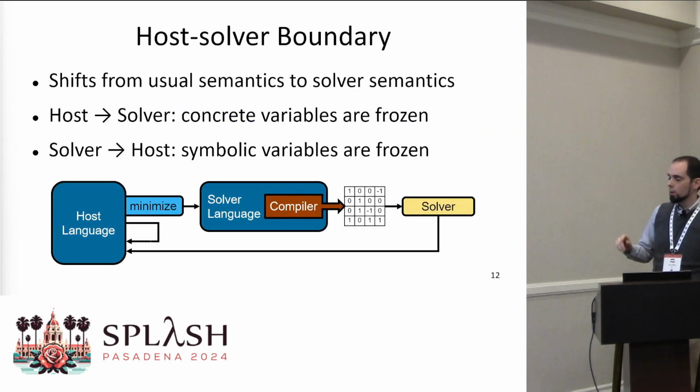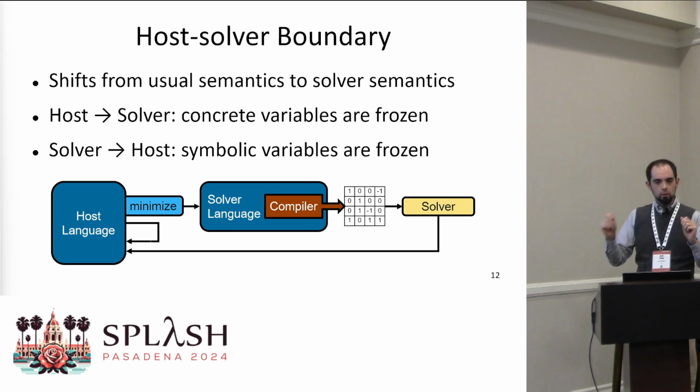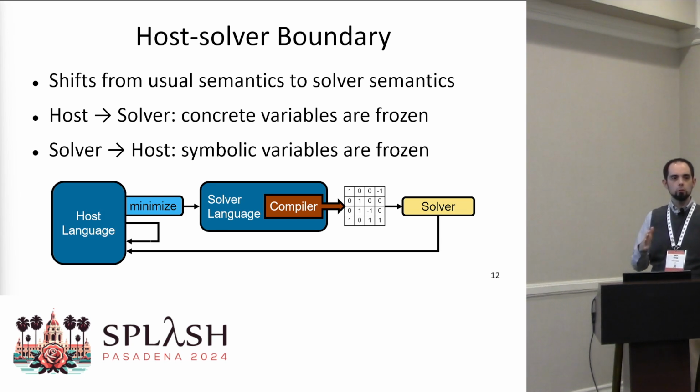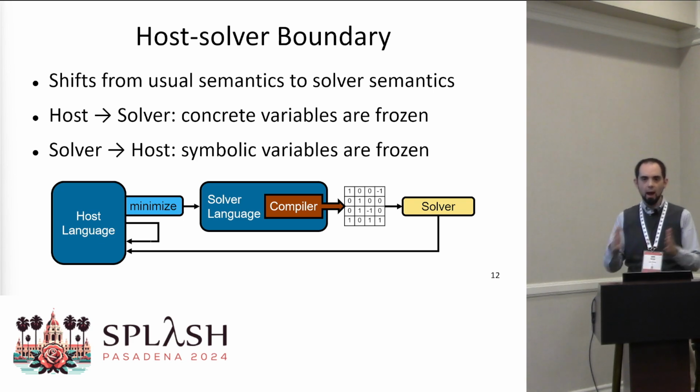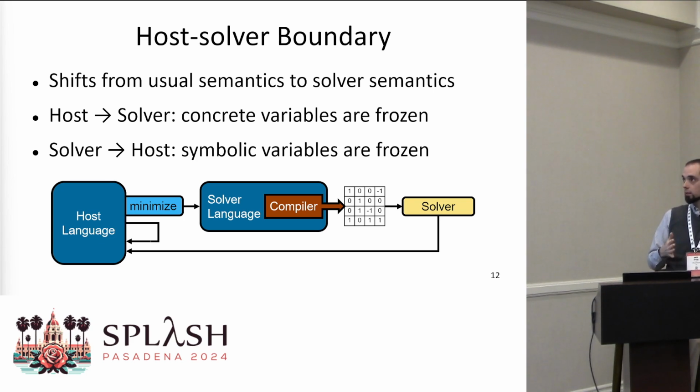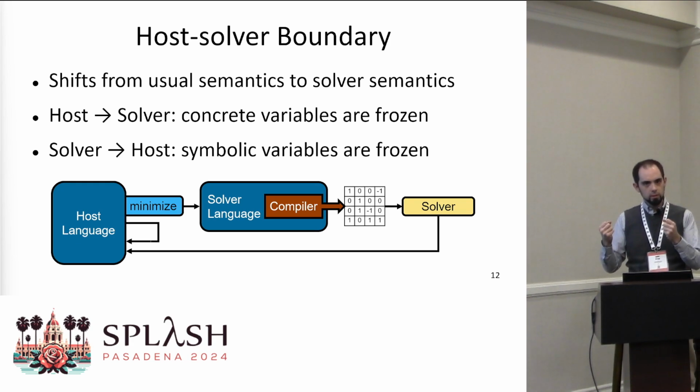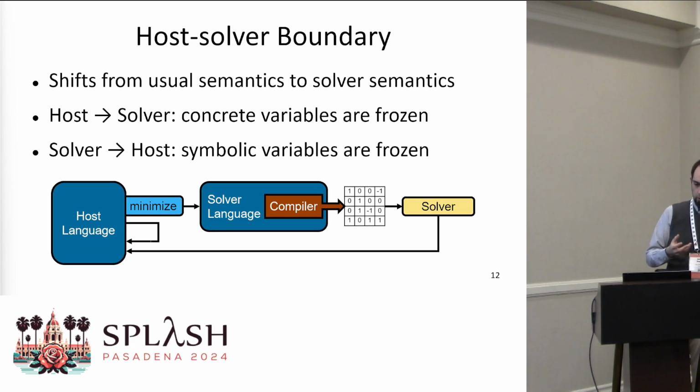All right, so I said update arena dist recurses, and to do this, it has to step into the minimize block and back out of the minimize block, and we call this crossing the host solver boundary. So this shifts from the usual semantics that you're all accustomed to into the solver semantics.